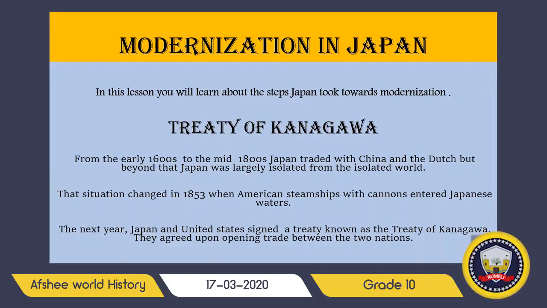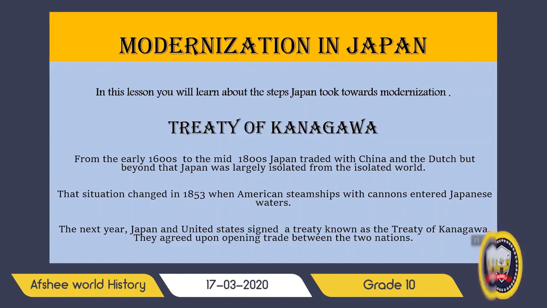The next year, Japan and the United States signed the Treaty of Kanagawa, and in this treaty Japan agreed to open trade with America.